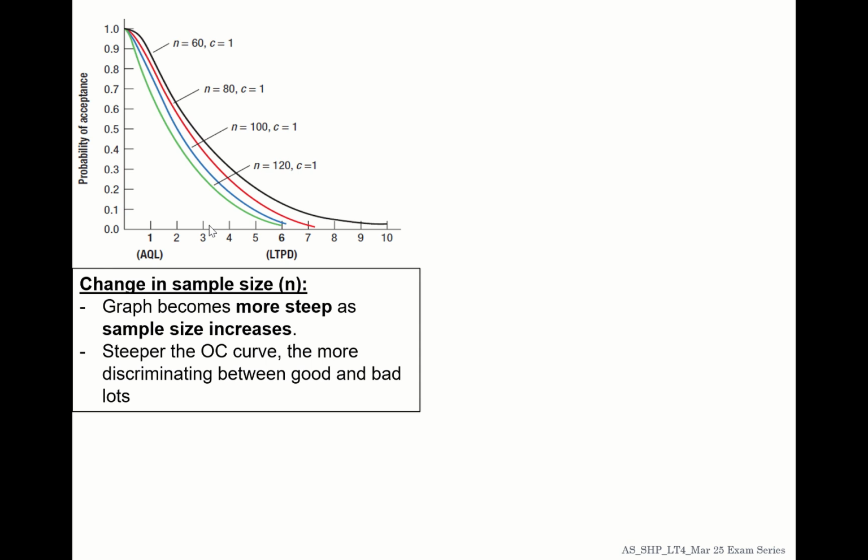So people will prefer a steeper curve, because you have a lower chance to accept all the lousy products. Higher sample size, higher the chance of rejecting products.